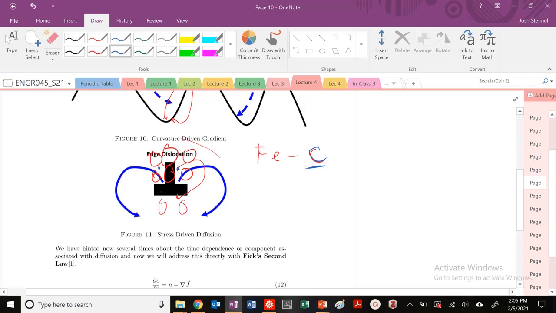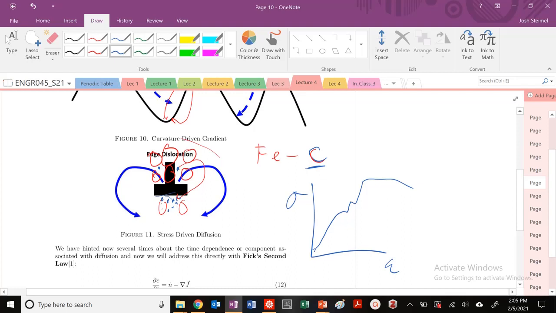But if they're near an edge dislocation, they don't want to be in this compressive region. They'll instead diffuse and move, and they'll start to accumulate here. When these carbon atoms accumulate here, they form this Cottrell atmosphere, where they pin the dislocation from moving, and you get unique behaviors in your stress-strain curve, where you get another uptick. You could read through that on your own time, but it's a very interesting phenomenon.